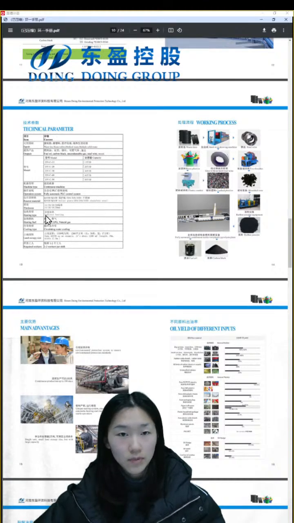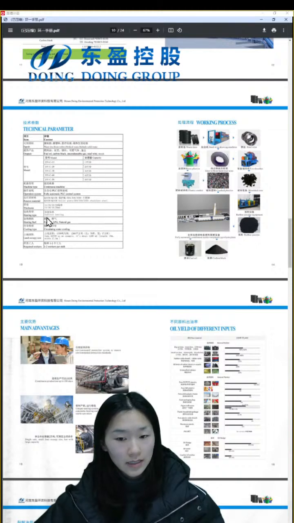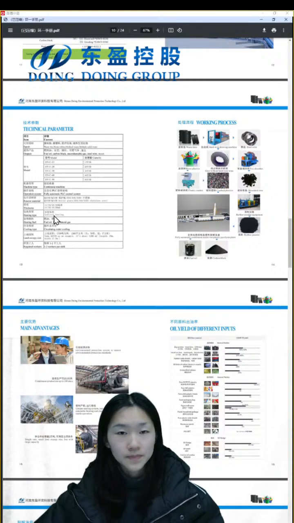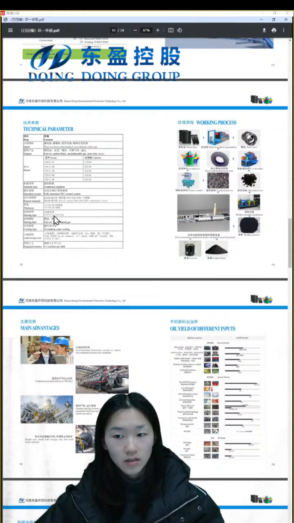For the batch type machine, we just said it is direct heating, but for fully continuous, it is indirect heating, to make the continuous reactor have a longer service life.